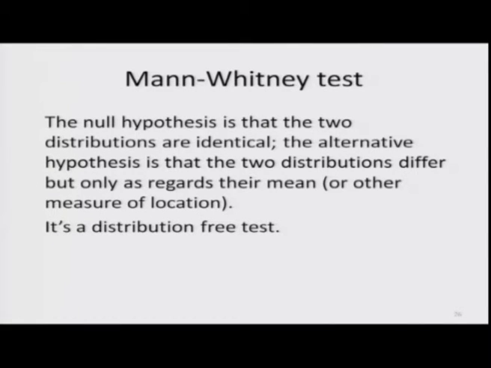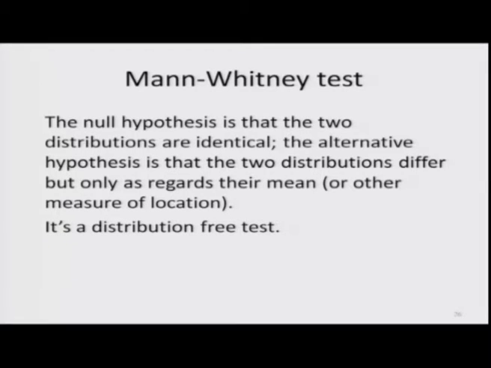Mann-Whitney test first. The null hypothesis in a Mann-Whitney test is that the two distributions, you have two distributions, are identical or their means are the same. The alternative hypothesis is that the two distributions differ, but only as regards their mean or other measure of location, say median.